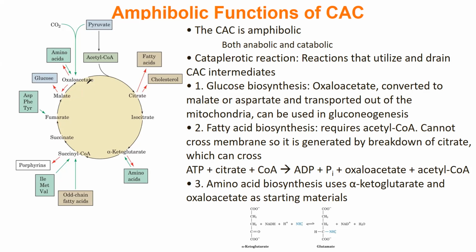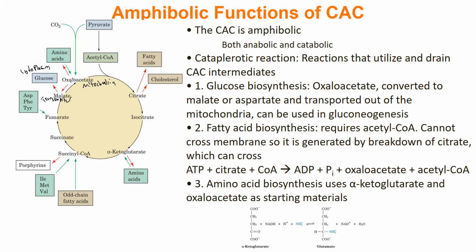The problem with oxaloacetate is that it's in the mitochondria, like everything in the citric acid cycle, and all the enzymes that make glucose are in the cytoplasm. To get it out of the mitochondria, we convert it to malate, because malate has a transporter, while oxaloacetate doesn't.